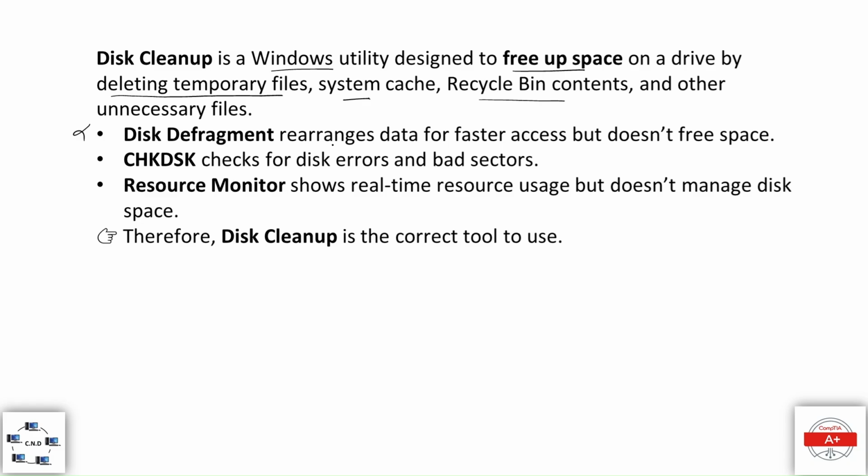Disk defragment rearranges data for faster access but does not free space. Check disk checks for disk errors and bad sectors, and resource monitor shows real-time resource usage but does not manage disk space. So disk cleanup is the correct tool to use.